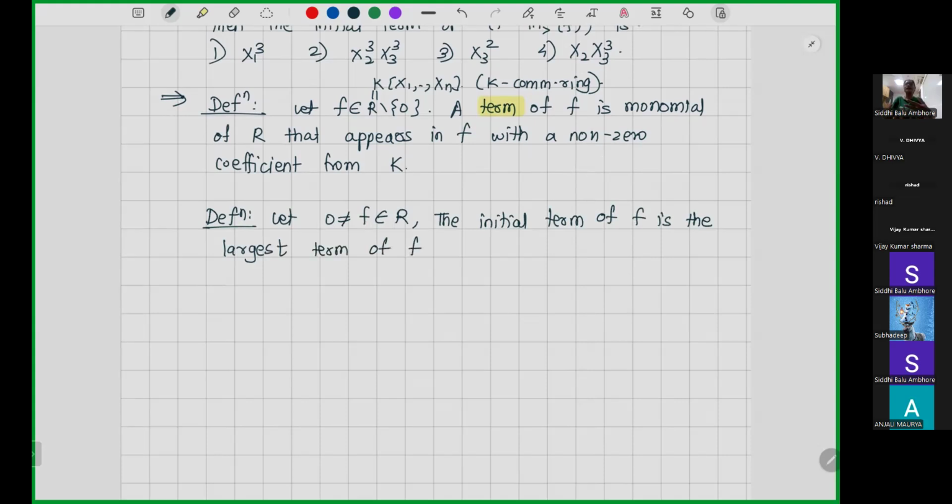When I say largest, we are already considering this polynomial ring with an order. When I say order, I mean monomial order.